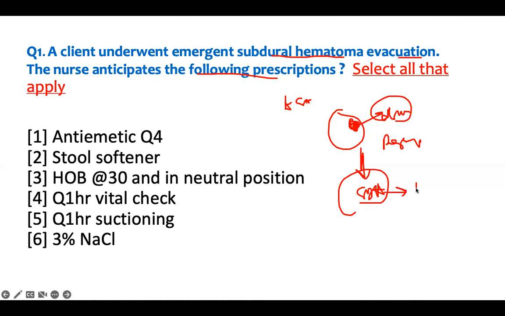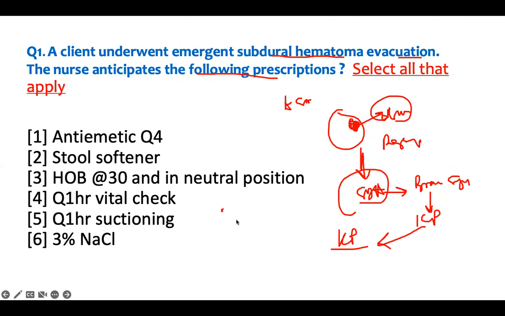Patient had brain surgery. If you have brain surgery, you have to monitor for what? ICP. So all your care, for anybody who has brain surgery, no matter what the pathology is, even if they do a biopsy and there's cancer there, ICP is number one. And what do you do with ICP? You don't want the ICP to go up.